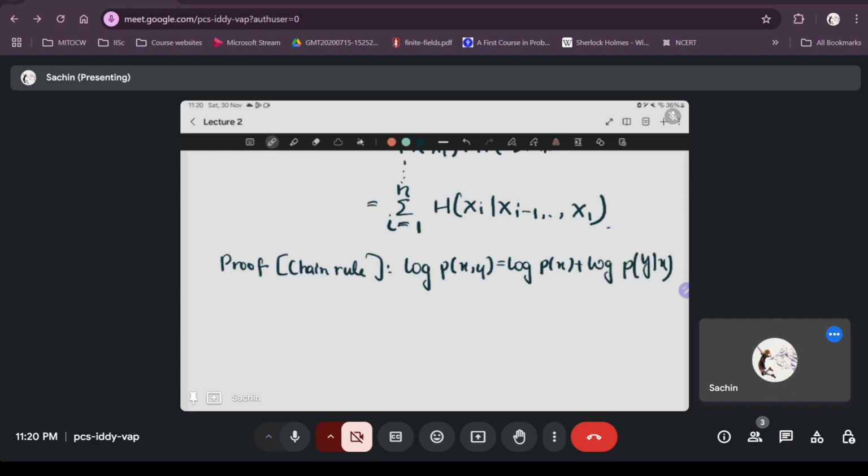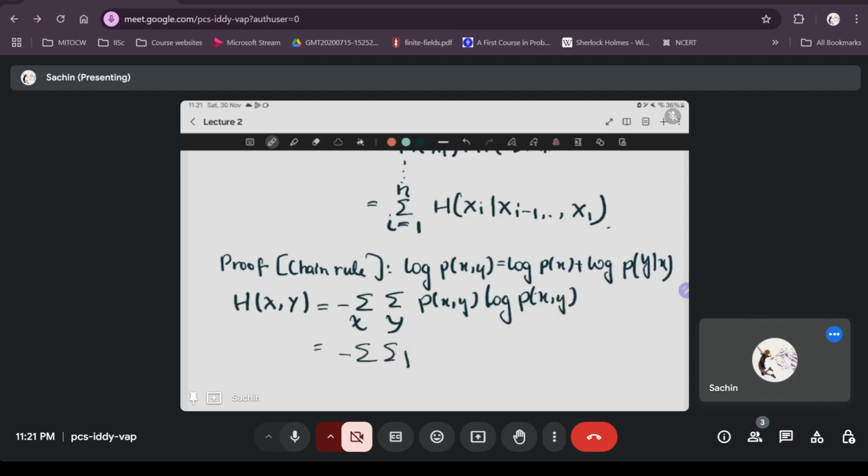So you take the expectation, or you sum over all y and all x, p of x comma y, log of p of x comma y, which is nothing but log p of x minus log p of y given x.